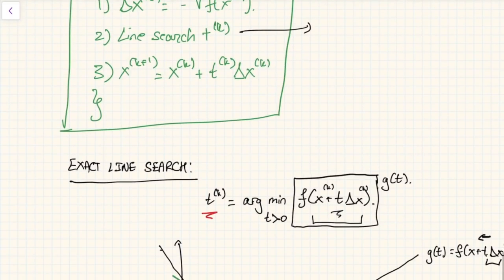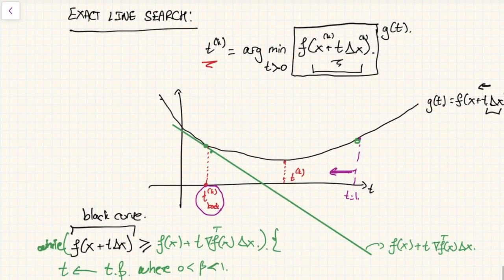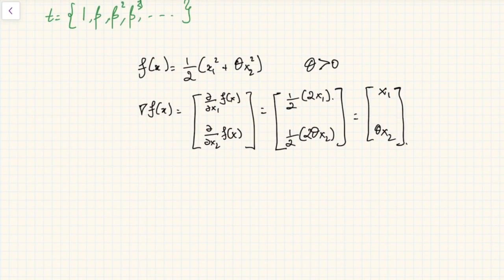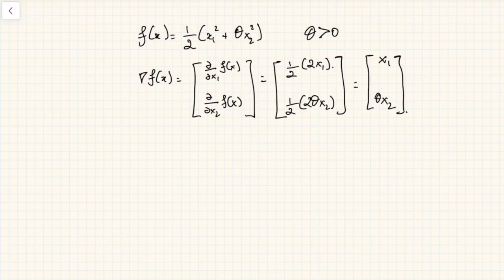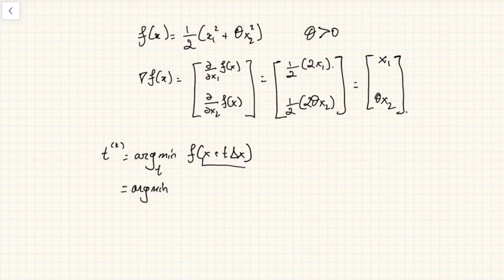Remember that we're trying to minimize f(x + t Δx). So at each iteration, to find your t_k, the arg min of f(x + t Δx), what you're really doing is replacing this in here.